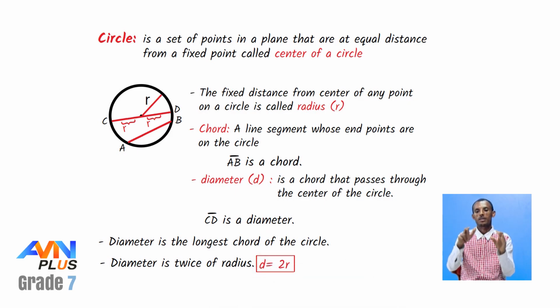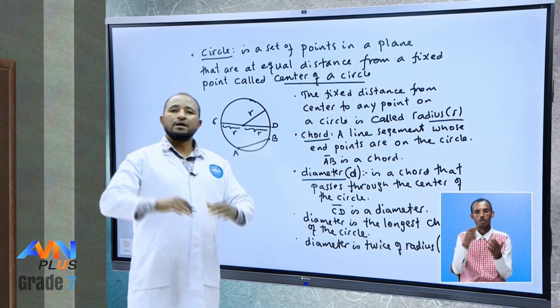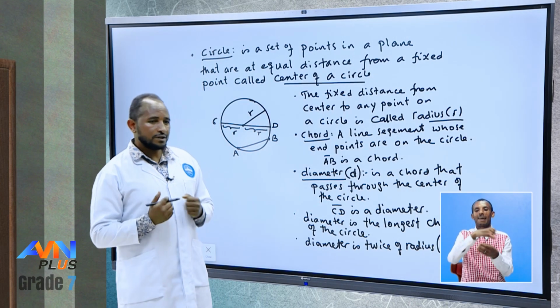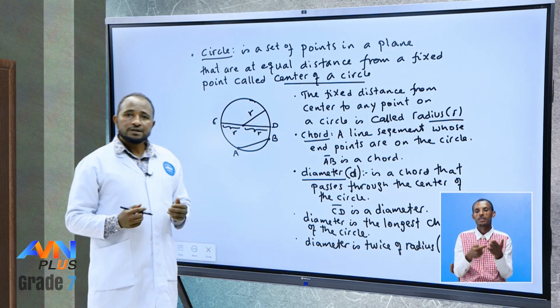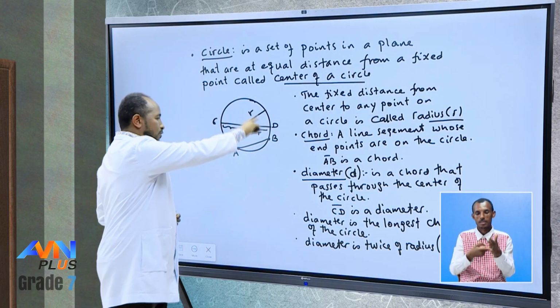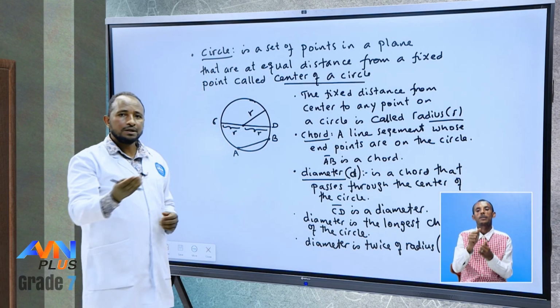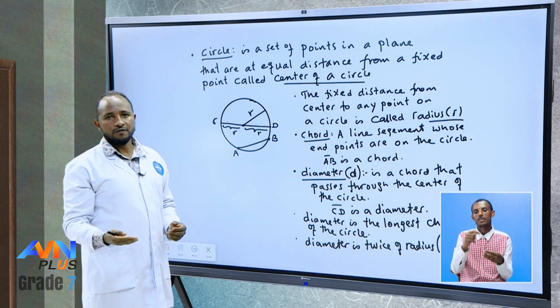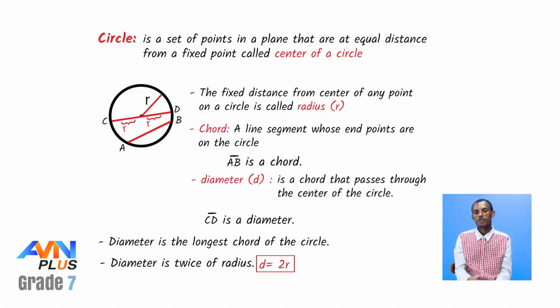Now let's see another terminology: circumference of a circle. Circumference of a circle is the total length around a circle, or the path length around the circle.